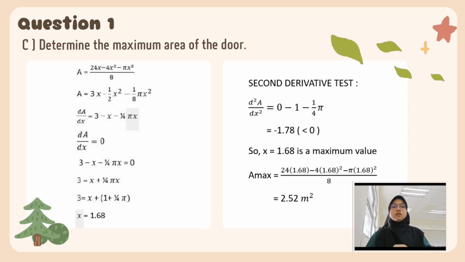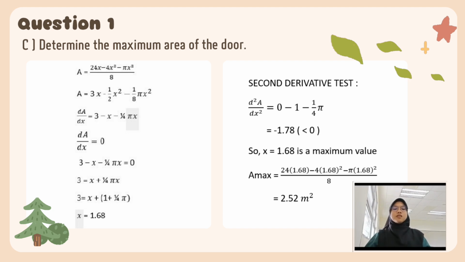So from 3 minus x minus 1 over 4 pi x equal to 0, we need to find x. Solve the equation and we will get x equal to 1.68 meters.